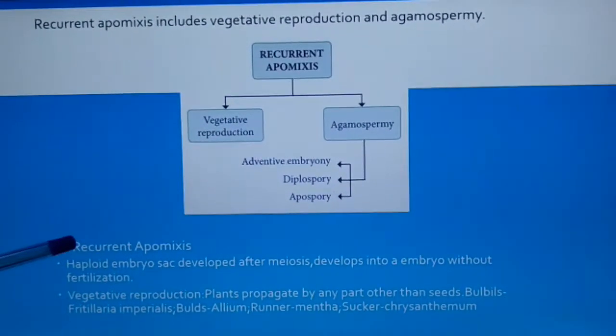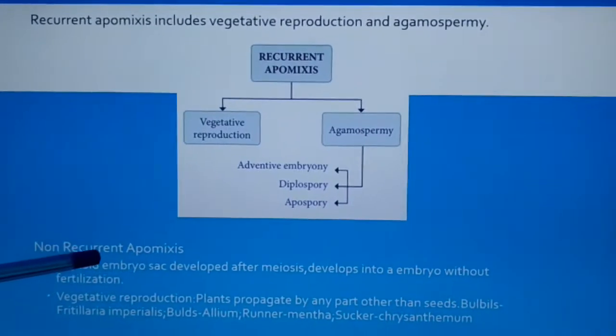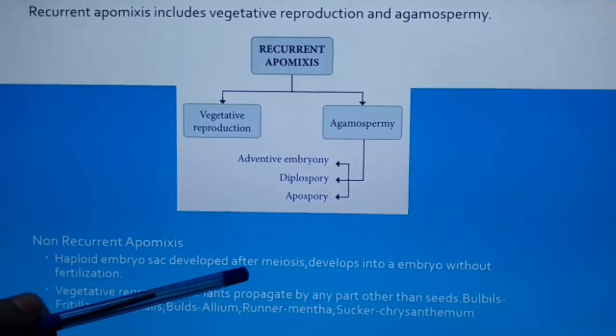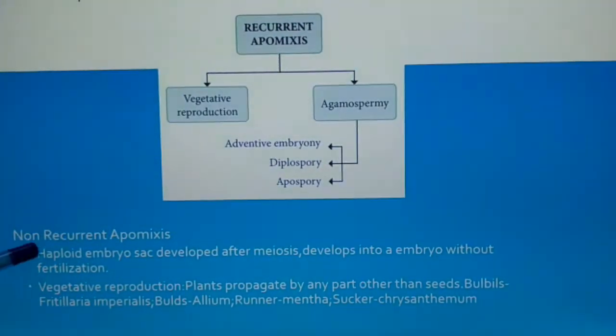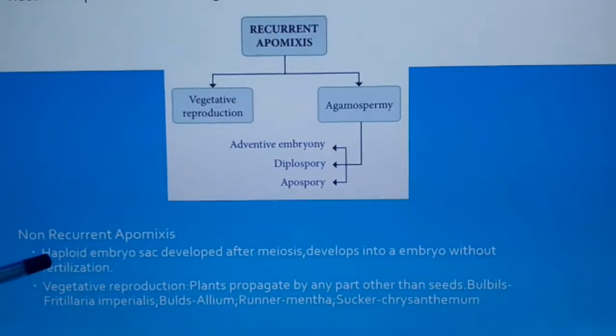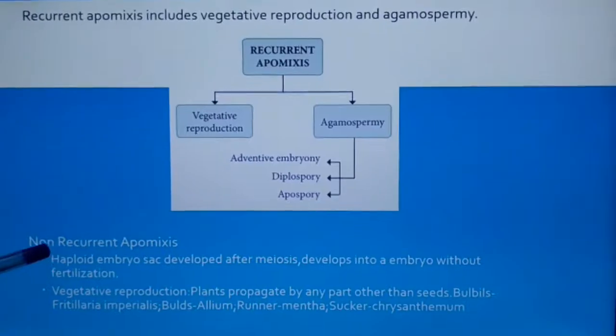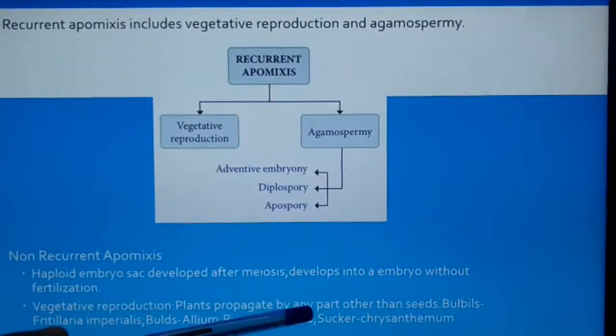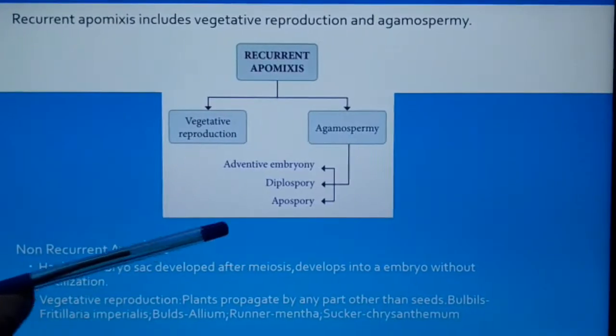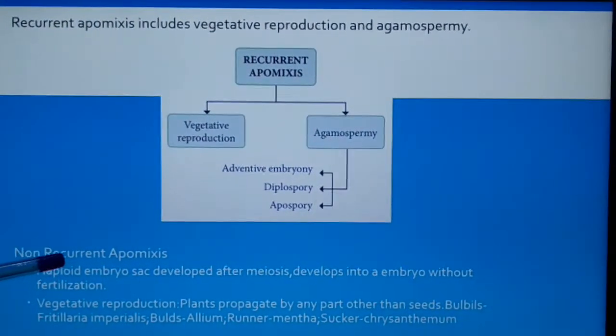Here the female gamete, without the fusion of the male gamete, develops into the embryo. Fertilization means the fusion of the male gamete and the female gamete, that is the egg; in non-recurrent apomixis, embryo development takes place without it.